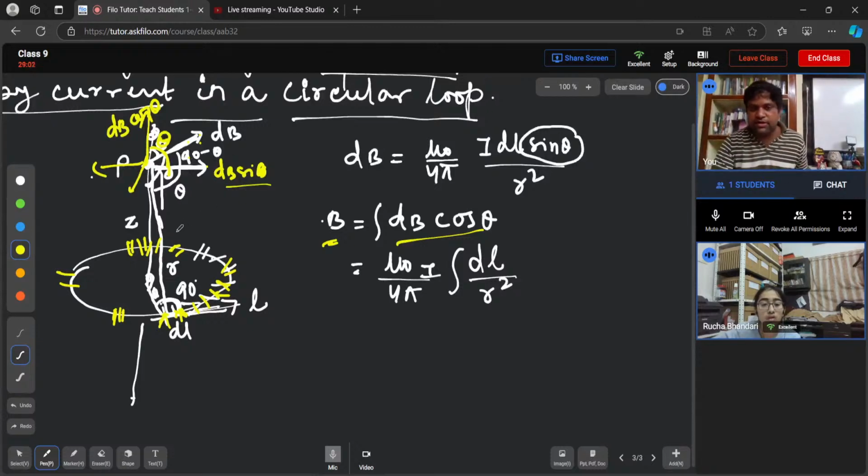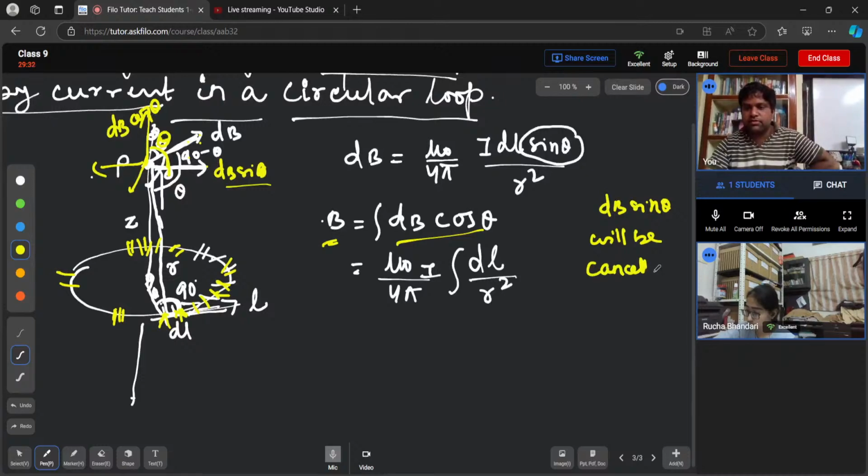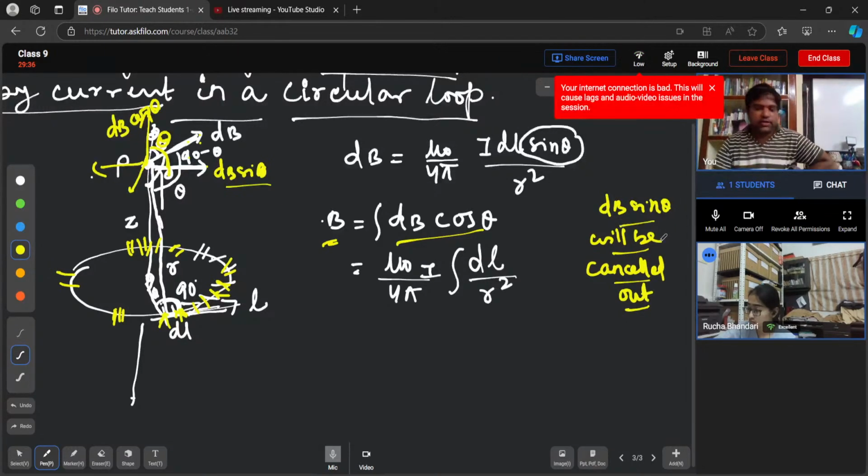So all the dB sin theta will cancel out to 0. dB sin theta will have no contribution, since the diametrically opposite lengths cancel out.